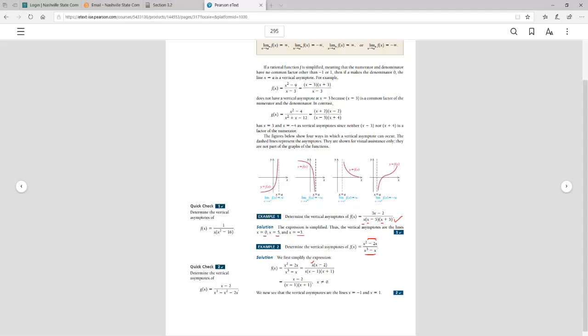And if you take an x out of the bottom, let me try to write this. I hope this is clear. If I have x cubed minus x, since x is common in both terms, I can factor out x. And that will leave me x squared minus 1.